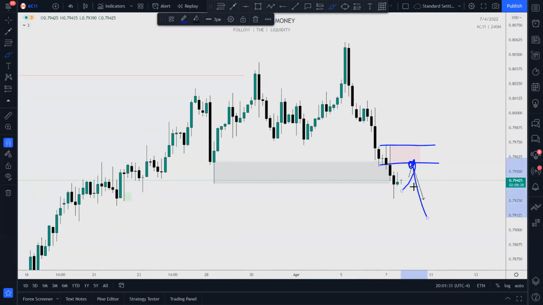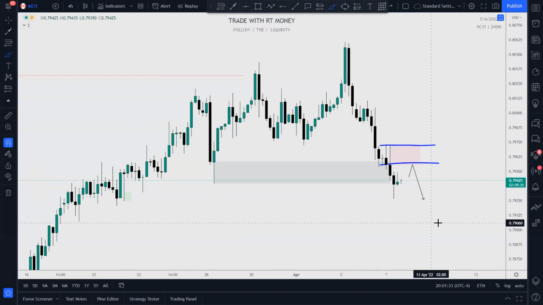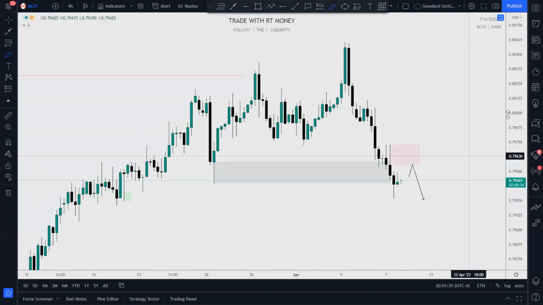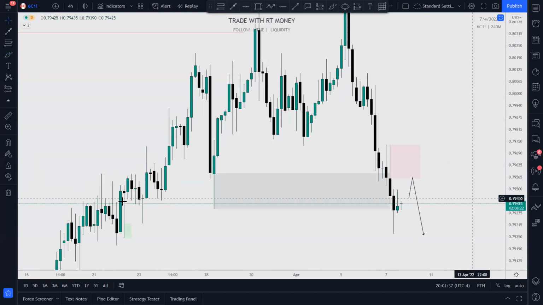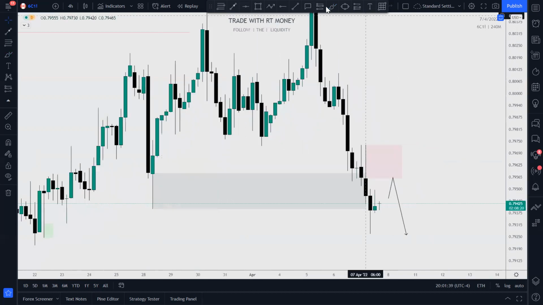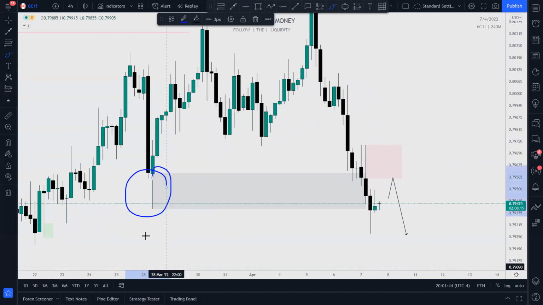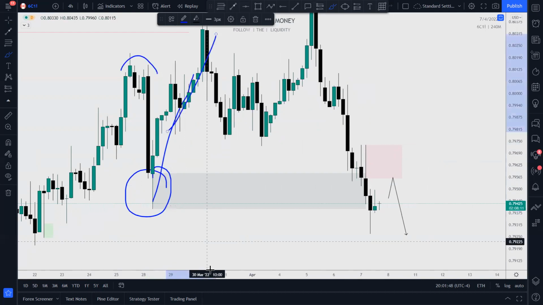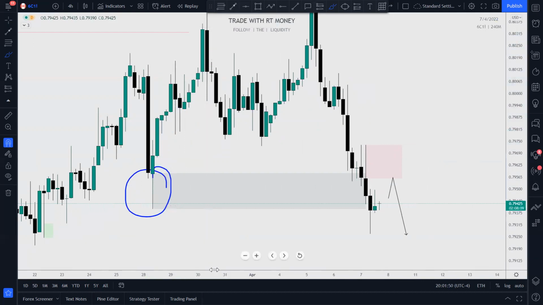And why do I like this zone? First of all, this is a pivotal low that it broke, a pivotal zone of demand. Why? Because it broke this high. It broke structure. That's one. When price breaks, that's doing something.